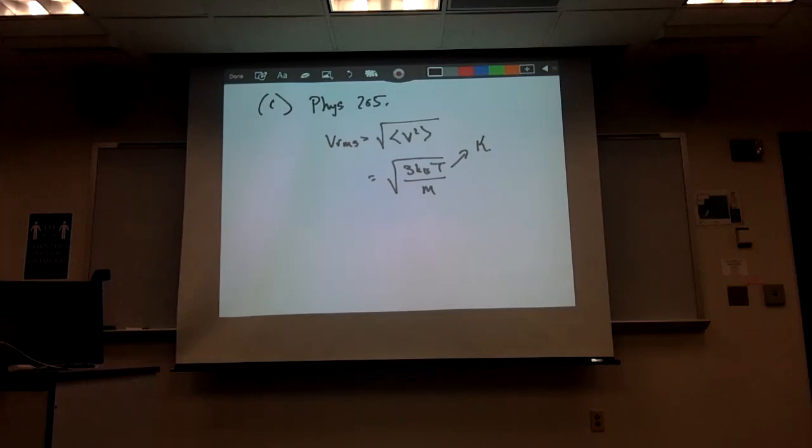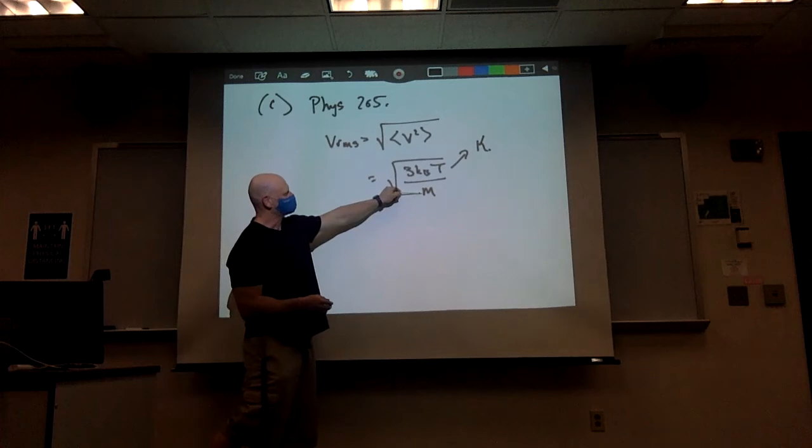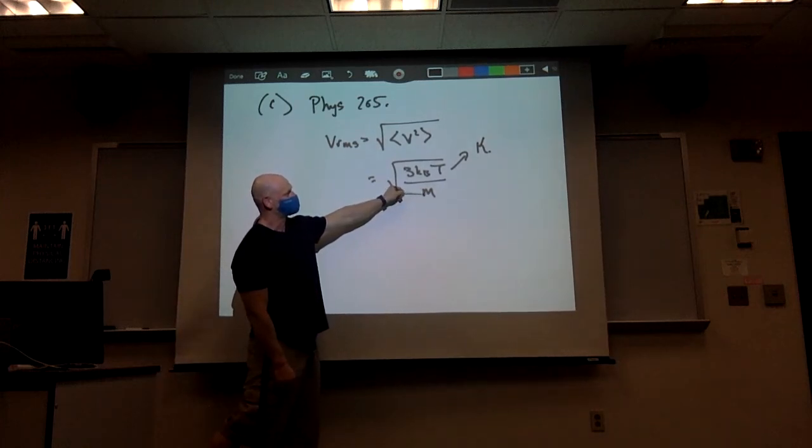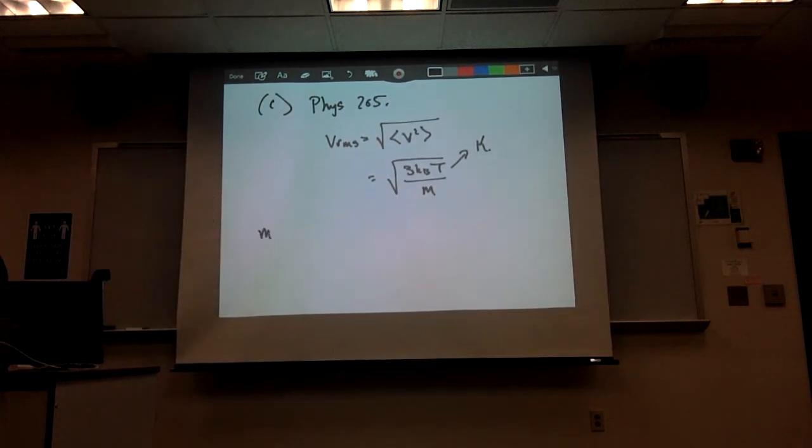We're given the temperature in Celsius, which was 20, so to turn it into Kelvin we add 273.15. The mass is the mass of an electron, 9.11 times 10 to the minus 31 kilograms. We plug in all these numbers, and we find that the RMS velocity is actually 1.2 times 10 to the 5th meters per second.